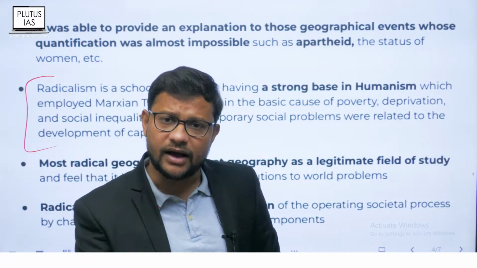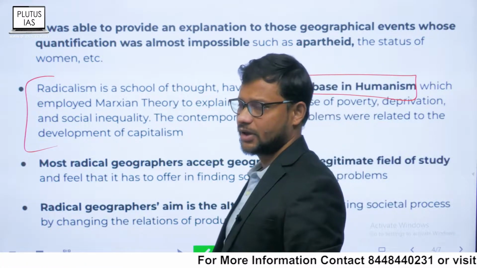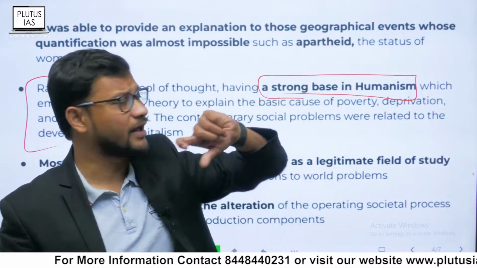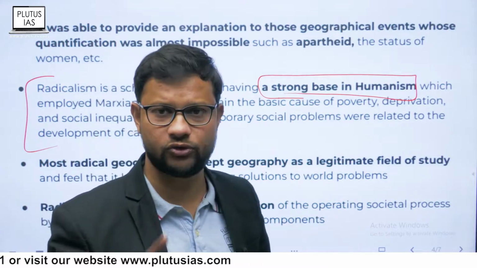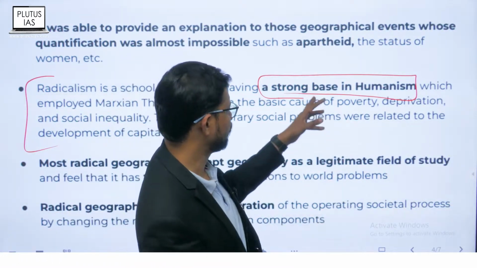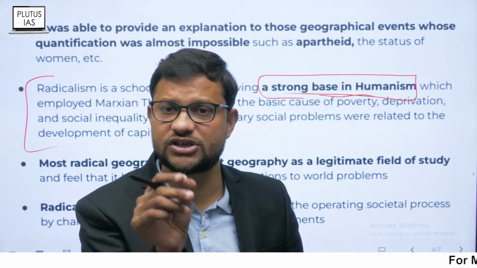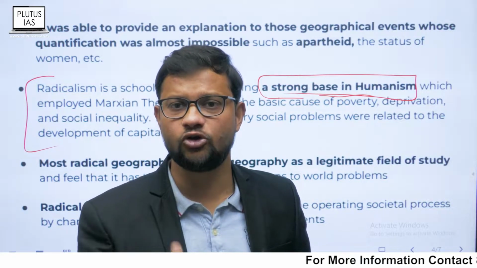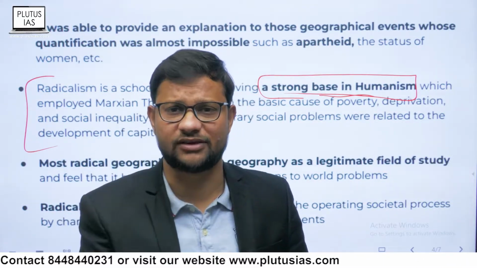Then this philosophy has a strong base in humanism, because what is humanism? I have already prepared that video, so you can go to that video as well. Just to explain here, humanism is that philosophy which keeps the human at the center: human creativity, human consciousness, human alertness and human activeness.